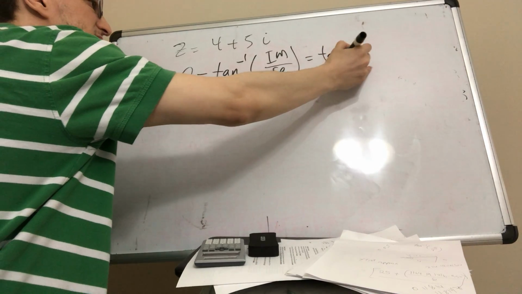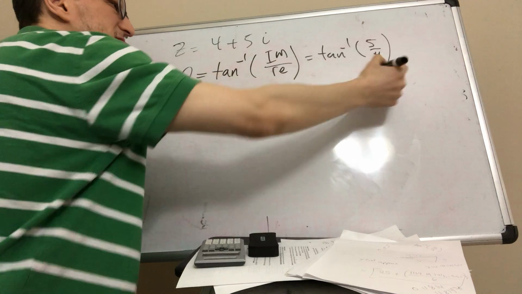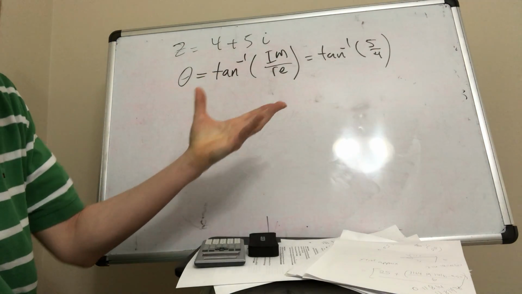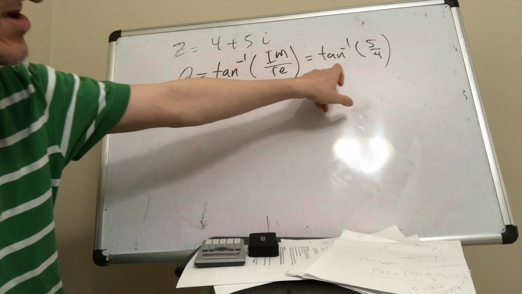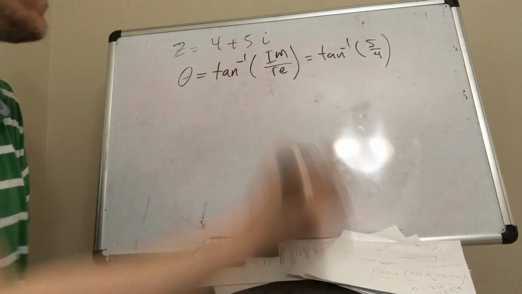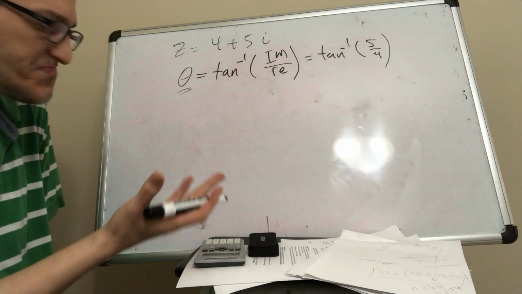So it's tan inverse of 5 over 4. Now if you do this in the calculator, you will get a bad angle. So just leave it as it is. So this is your argument. This is your theta. And that's what the question is asking for.